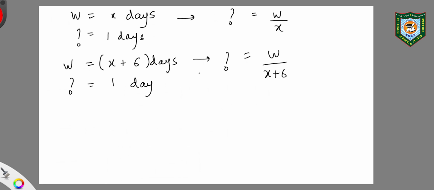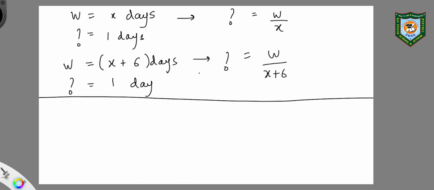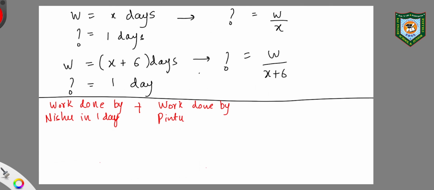So our quadratic equation comes as work done by Nishu in 1 day plus work done by Pintu in 1 day, and the amount of work that they both do in 1 day is going to be equal to the work done, or W divided by 4.